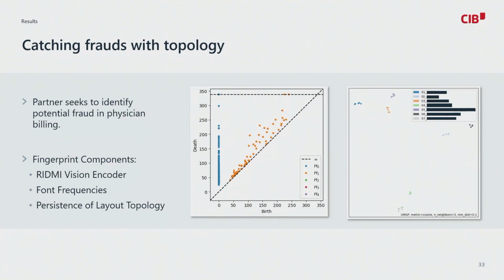And I have a catchy title here. It's Catching Frauds with Topology. That's why we used some features of the layout topology in the vector. The idea was here, each of the words has coordinates, and depending on whether you say words that are far apart, or those that are close together form a unity, you get different topological features of your document layout.